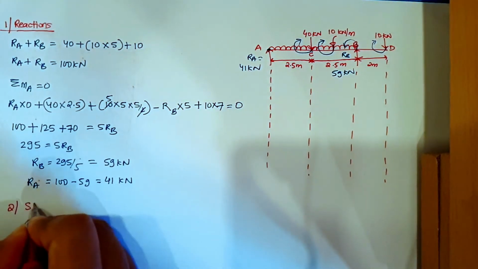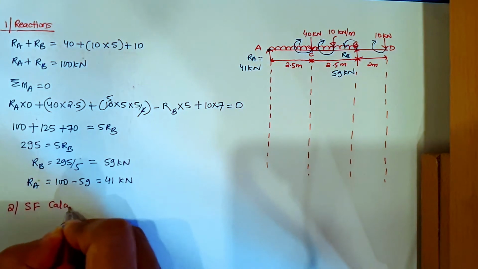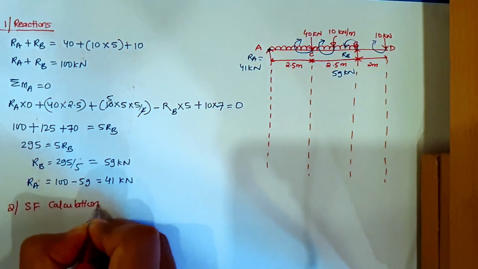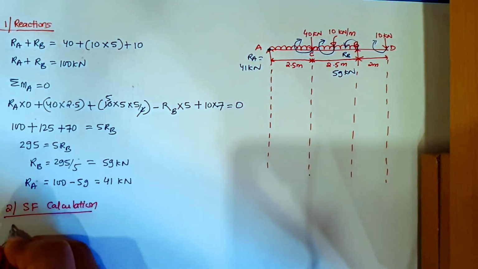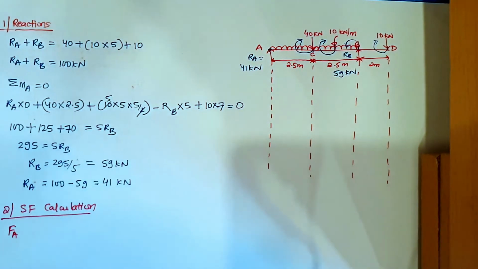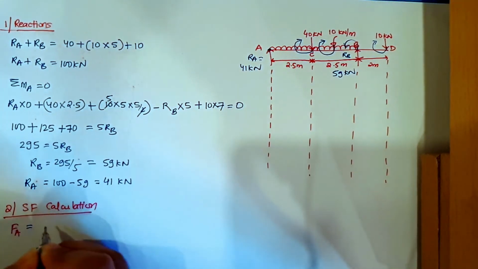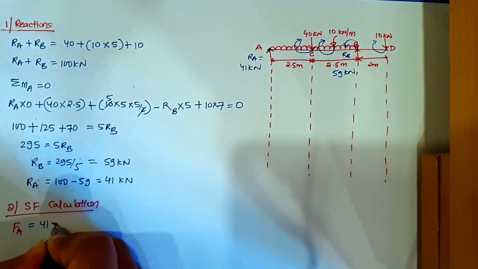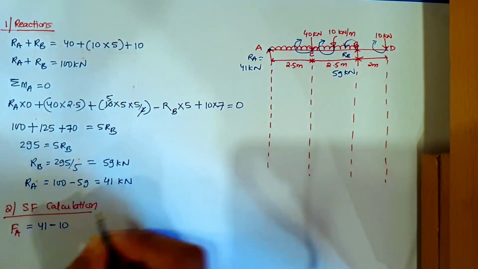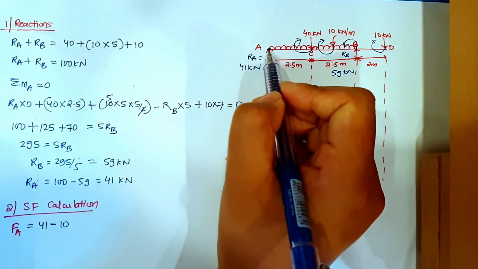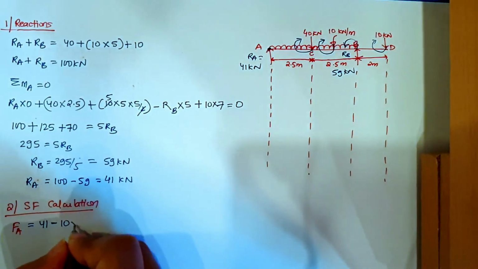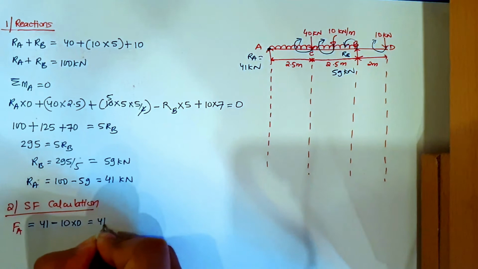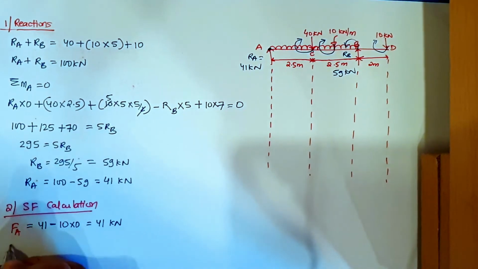Number 2, shear force calculation. So force at A will be equal to RA, which is 41 kilonewton, minus UDL 10, the UDL is running over it and its distance is 0, into 0, so it will be equal to 41 kilonewton.